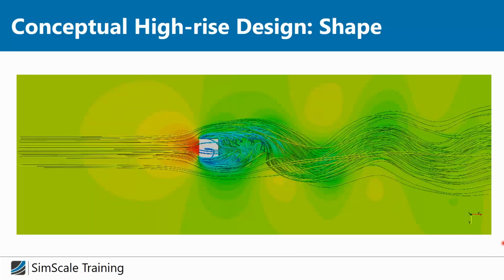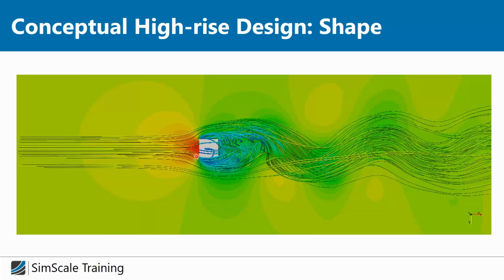If you take a look, this is a simulation result. This is a cutting plane showing the pressure distribution at around 50 meters above the ground. Some things are obvious: we have a high pressure field in front of the building, and it will add a large force in this direction, the x direction. We can also see this vortex.